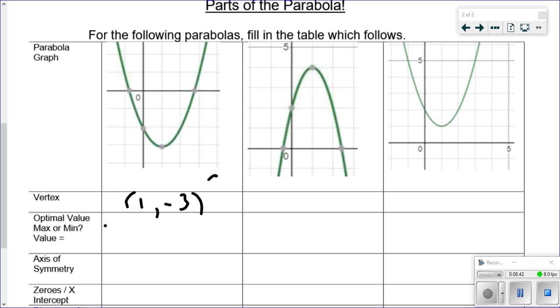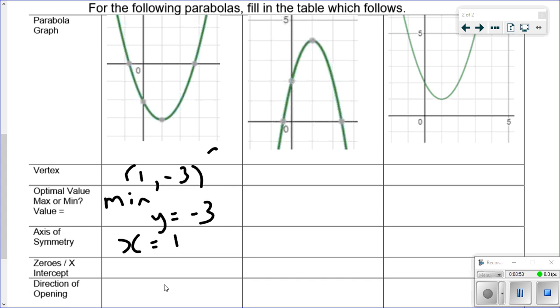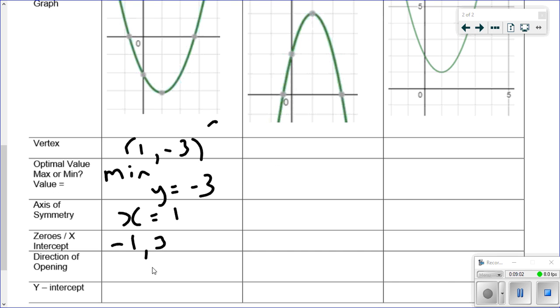This one is a min, y equals -3, axis of symmetry, x equals 1. Now we're being a little lazy here. Again, we're going to ignore that it's a decimal, and call it exactly on the lines, and in this case, the y-intercept is -2.